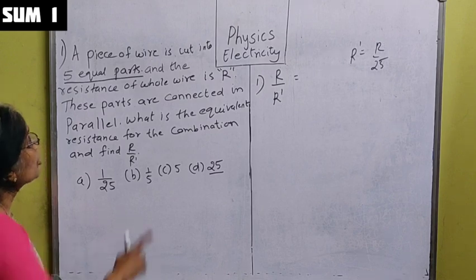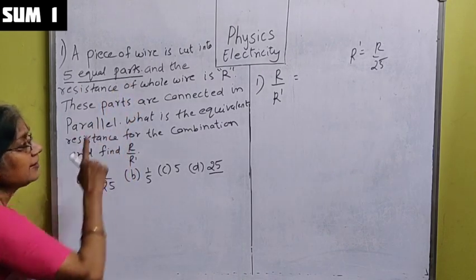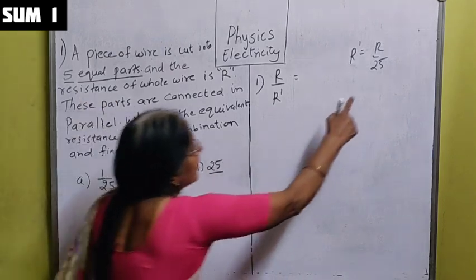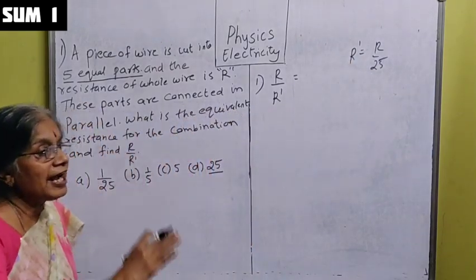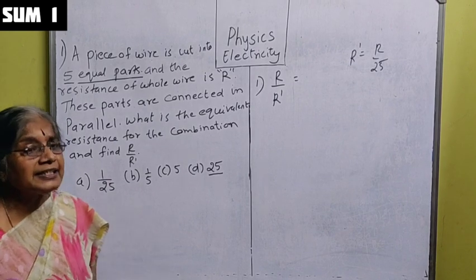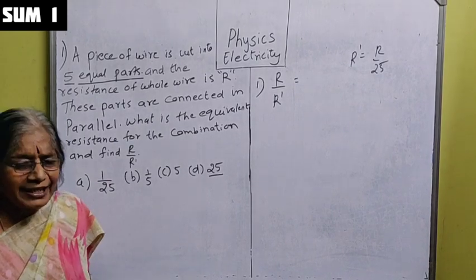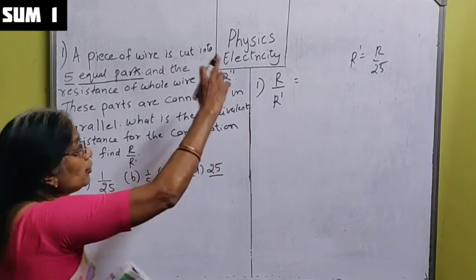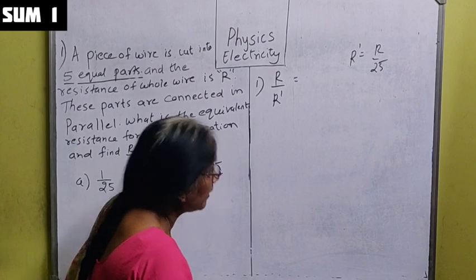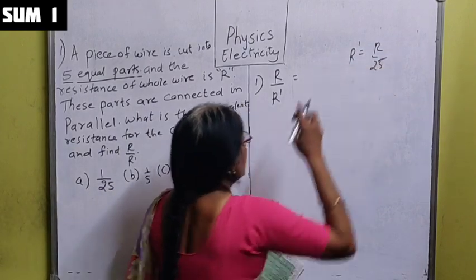How 25? Because 5 equal parts. So 5 into 5, if you do the easy method, it will become 25. Because 5 plus 5 plus 5 plus 5, 5 resistors are there. So when you add it, it will become 25. So R dash is equal to R by 25.